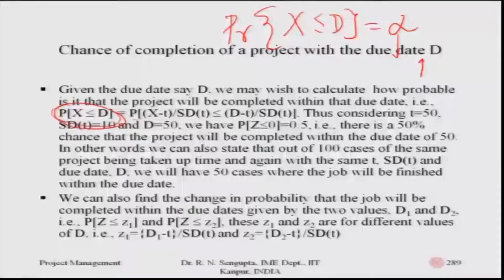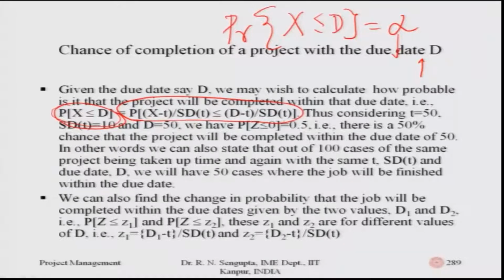The variance calculated was basically the sum of the variances for all the activities on the critical path. So, using the simple standard normal concept, this is the formula which I have: x minus the expected value, divided by the standard deviation, is less than or equal to d, which is the due date, minus t, which is again the expected value, divided by the standard deviation.